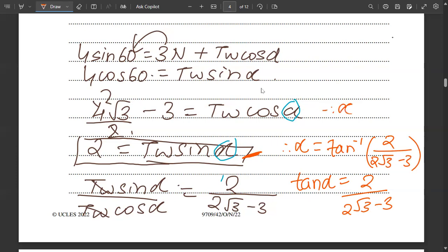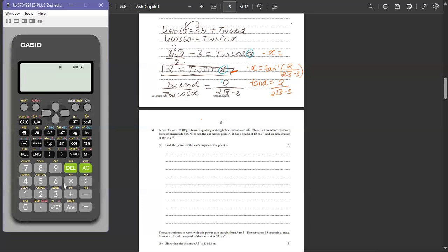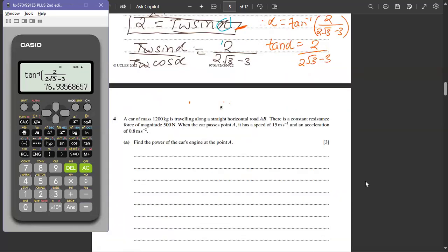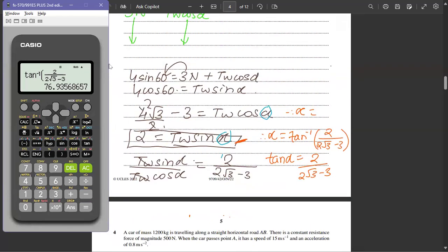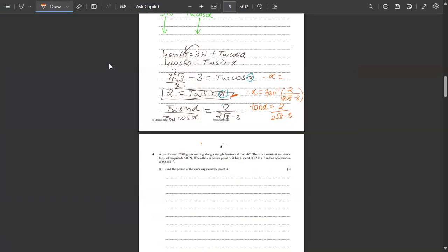Hence, alpha will equal, now if I put this in the calculator, tan inverse of 2 upon 2 root 3 minus 3. The answer is 76.94. So alpha will be 76.9 degrees.